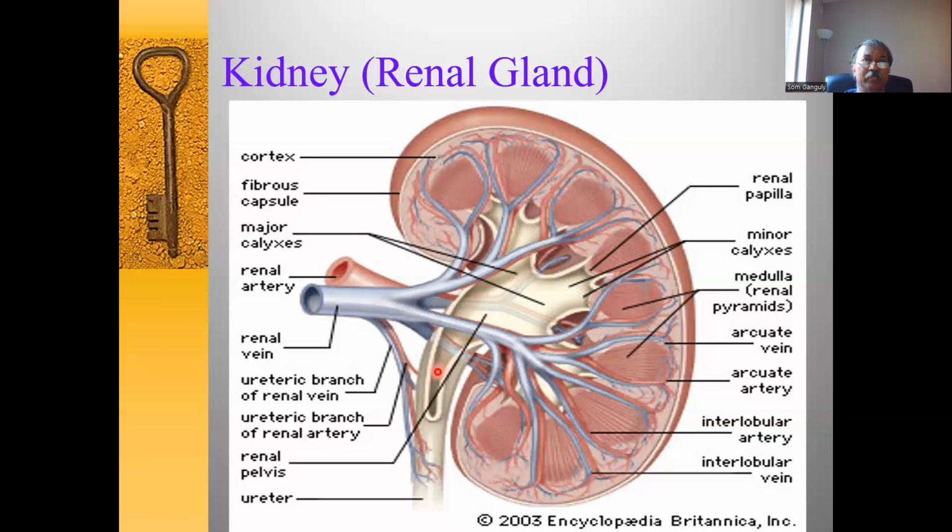It takes the urine down to the large section of the ureter where it starts. So the area of renal pelvis then becomes ureter. Then ureter courses downwards into the bladder.